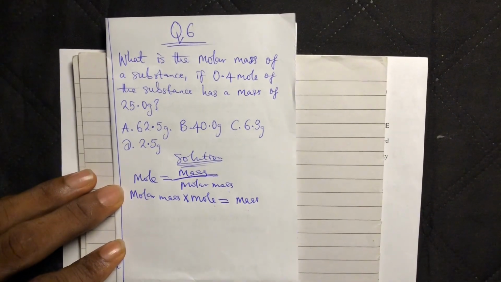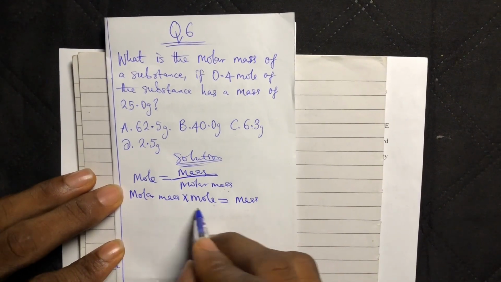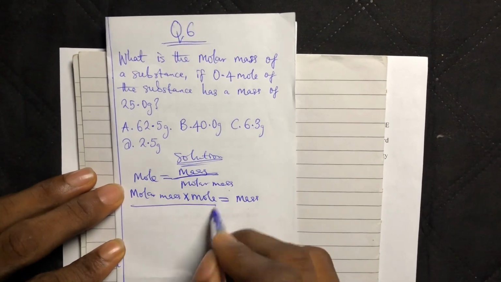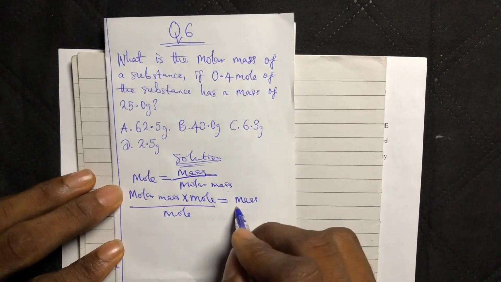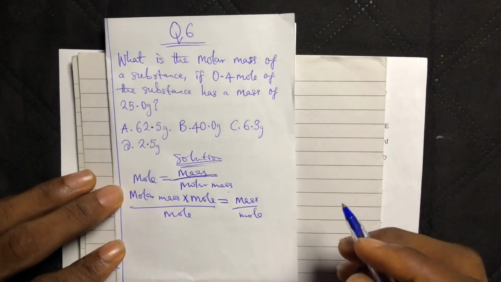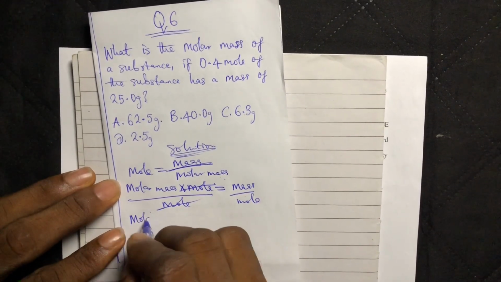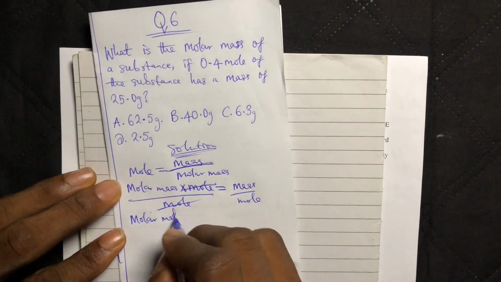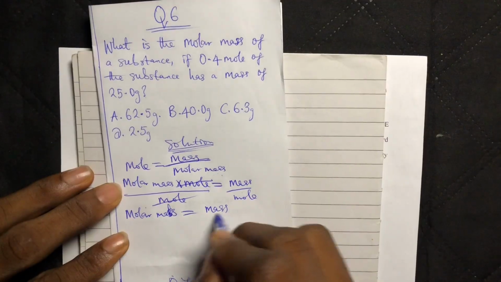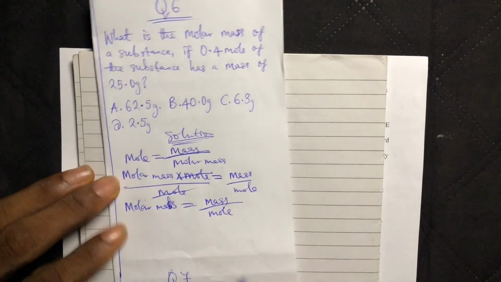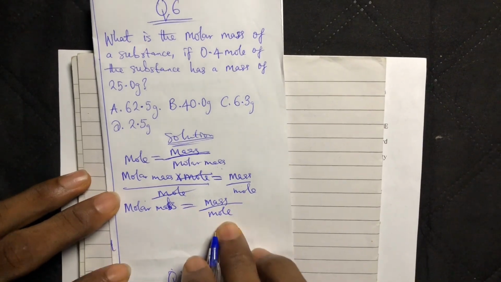So if we divide through, we have molar mass times mole over mole equal to mass over mole, so that mole will cancel out mole, and we are going to have molar mass equal to mass over mole, right?